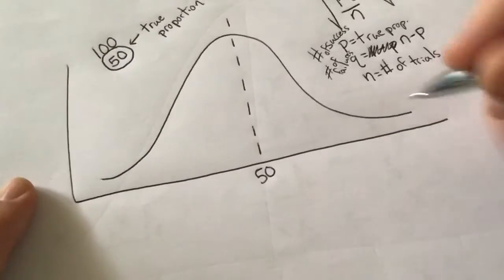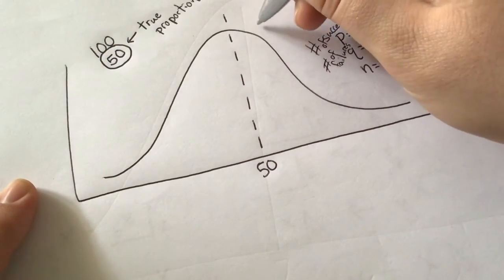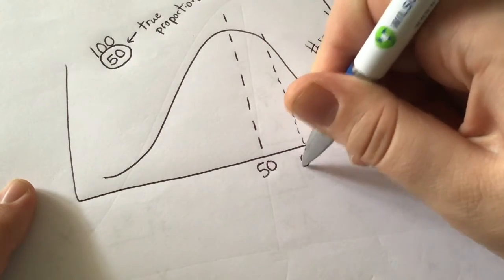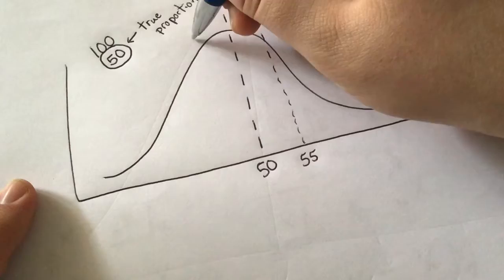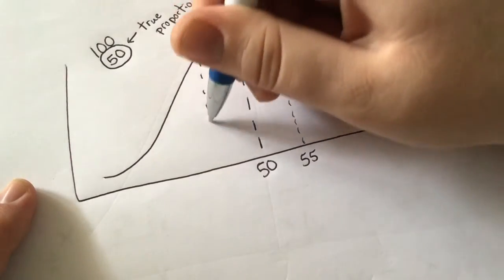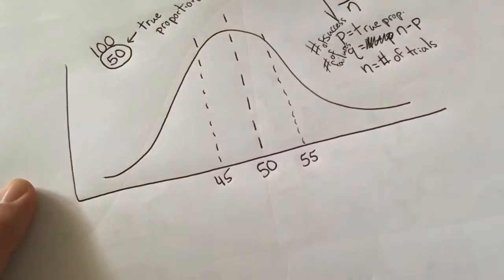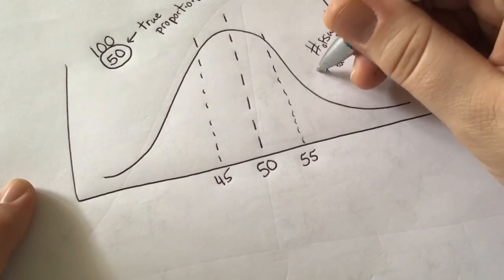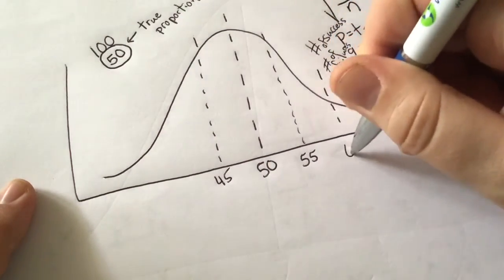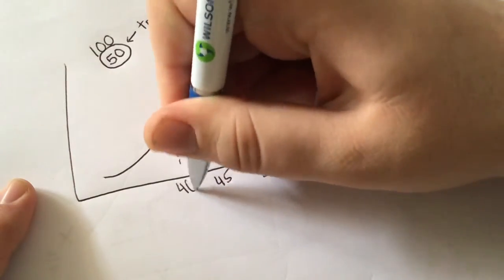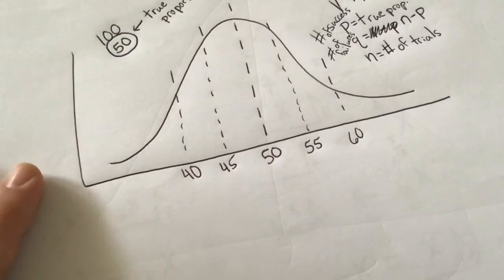So that means if we go out one standard deviation, or sampling error, sampling variability, I apologize, there's so many terms for effectively the same thing. We go out 2, that's another 5, up to 60, and then down to 40. So here's what would happen.